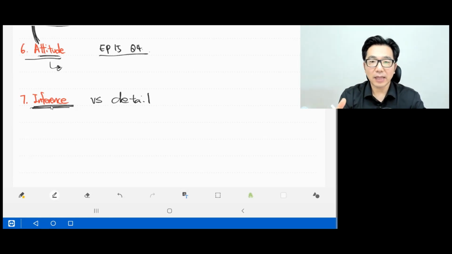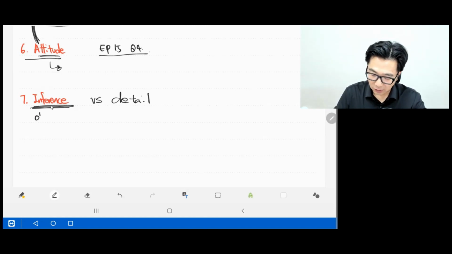So if 10 people try to solve this question, all 10 of them must be likely to choose the right answer. Otherwise, it's not going to be an objective inference. Okay, so you have to choose an objective inference answer, and you must base that on the information given.